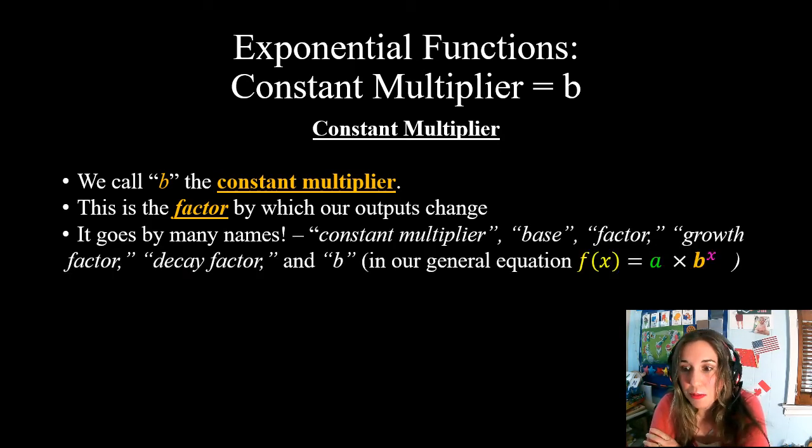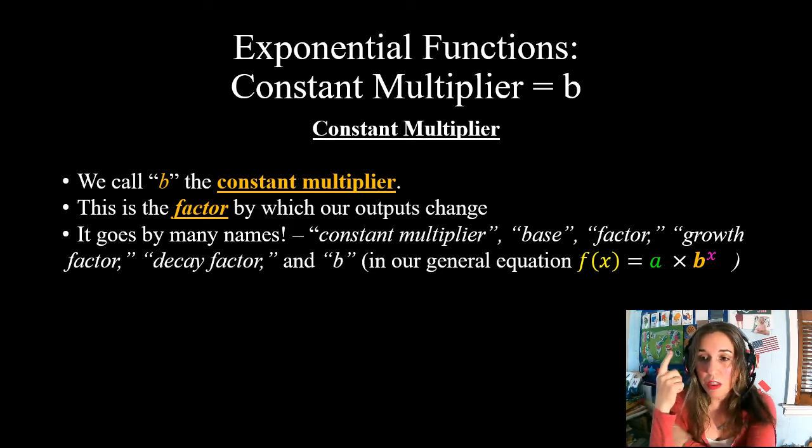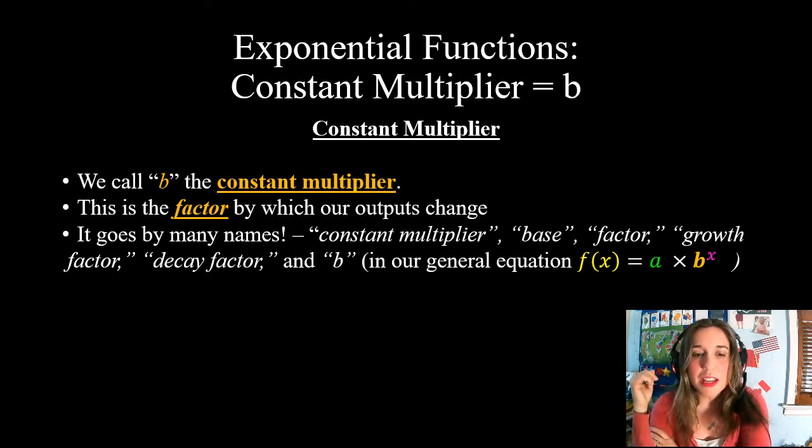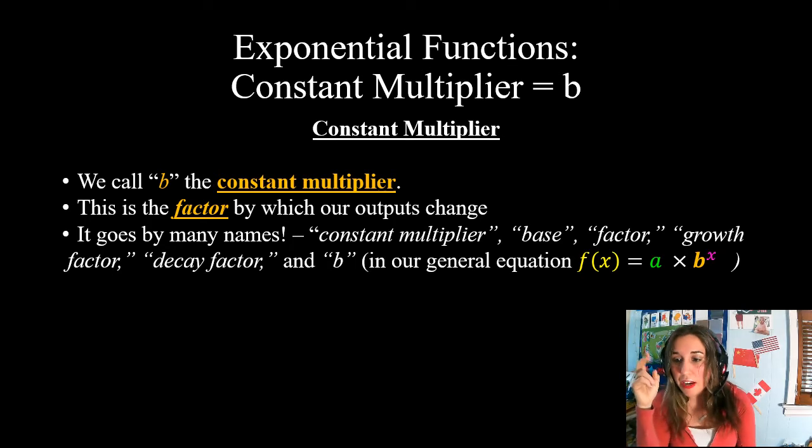So this is different, right? Now we're dealing with multiplication. The constant multiplier can go by so many names, and it's really easy to get confused and mix them up. They all mean the same thing, so I'm going to lay them all out for you. Of course, it's called the constant multiplier. It can also be called the base, the factor, the multiplier. It can be called the growth factor and the decay factor, which we'll talk about in a few slides.